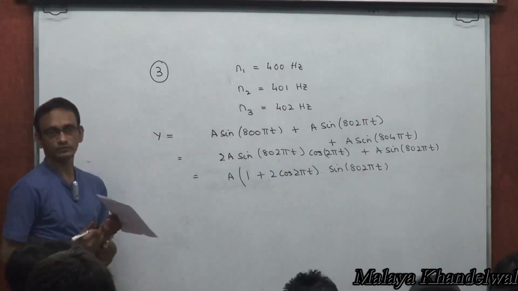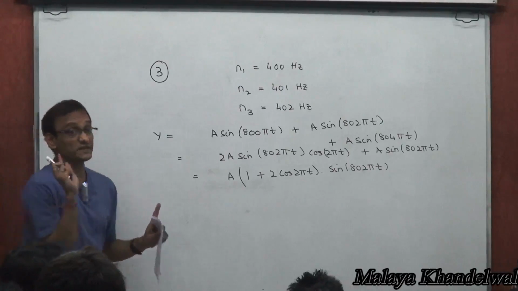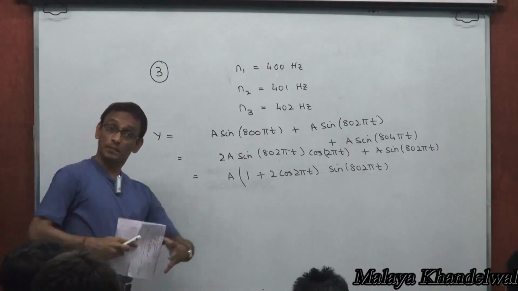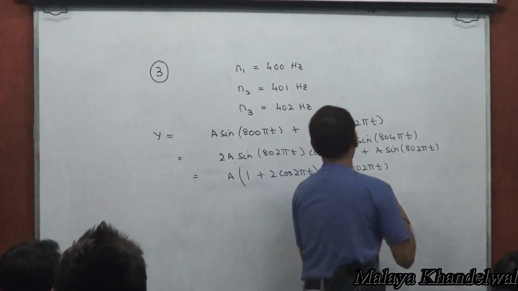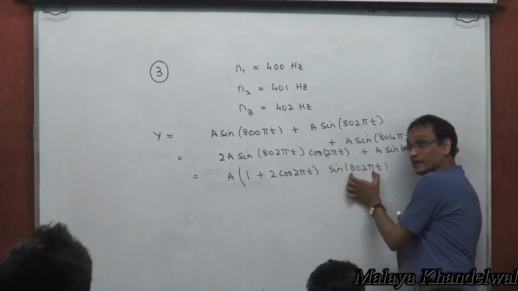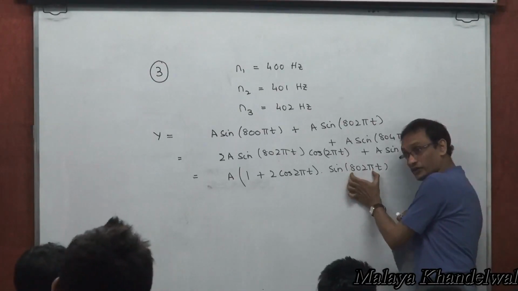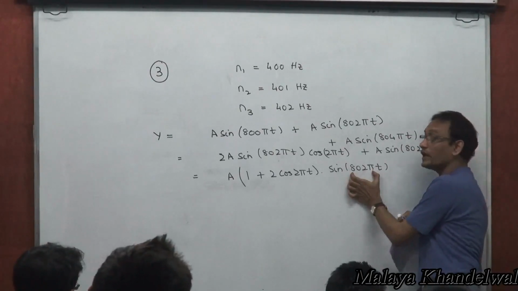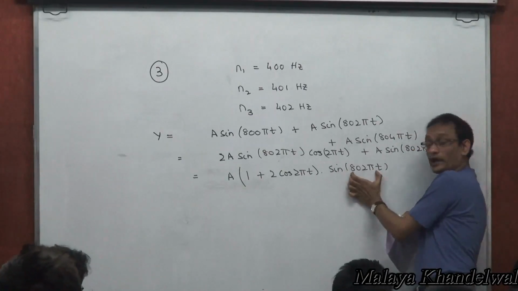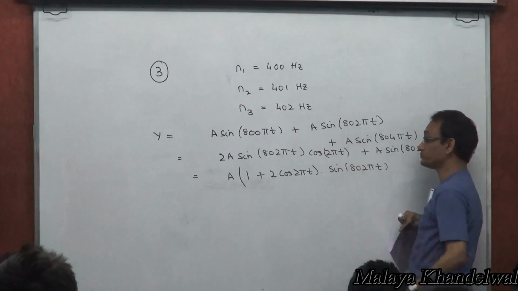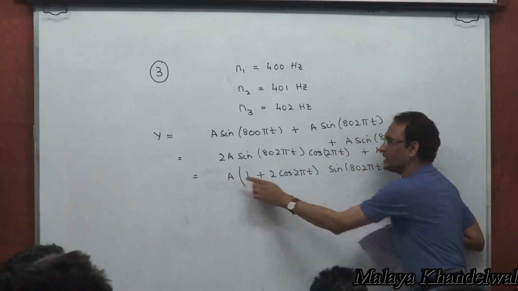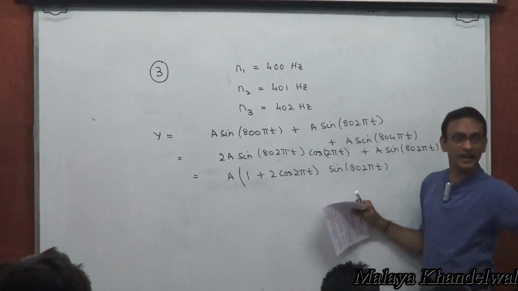Yes or no? So the disturbance at the point of observation could be looked upon as simple harmonic oscillation with frequency n equal to 802 hertz, omega equal to 802 pi, right? And with a time varying amplitude. The time varying amplitude is A into this.